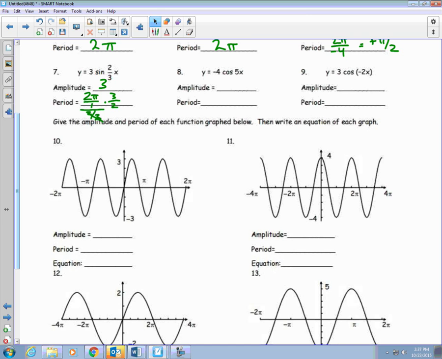The 2's cancel, and you're left with 3 pi. Look at number 8. What's the amplitude? What's the period? 2 pi over 5. And number 9, the amplitude and the period, 2 pi over negative 2, we can leave it as positive pi. It will repeat itself as positive pi.